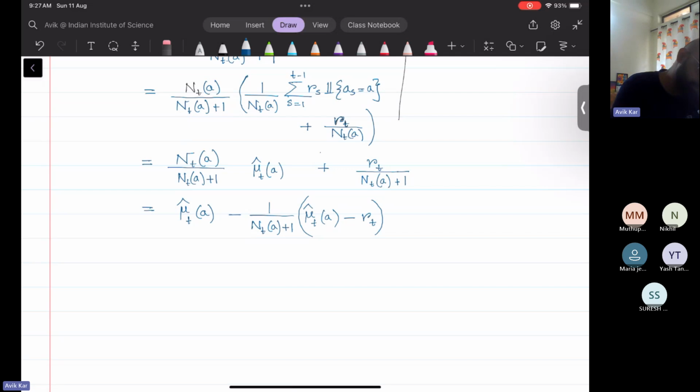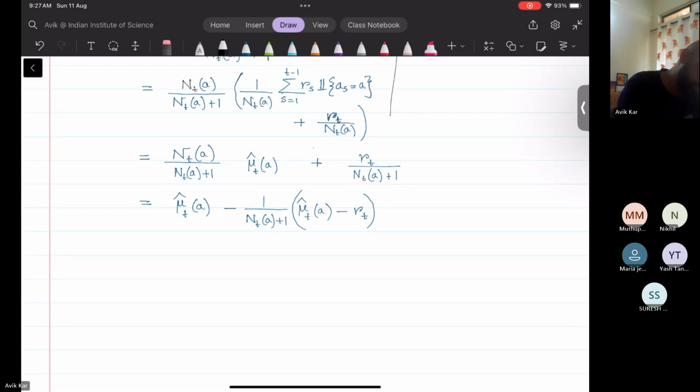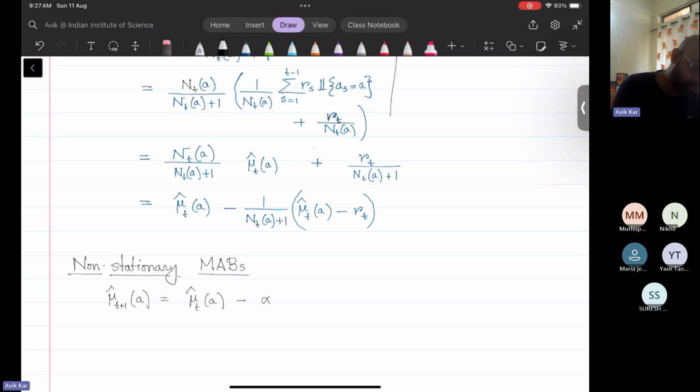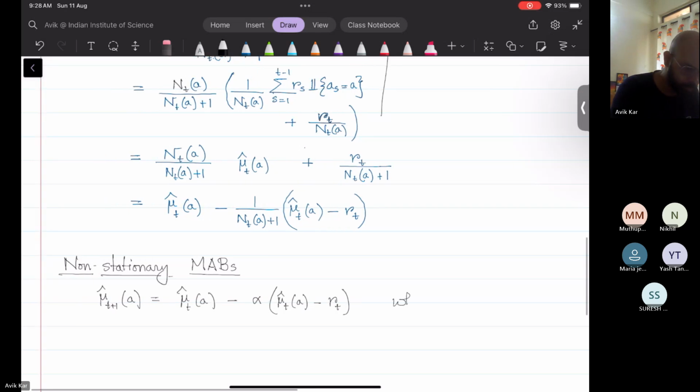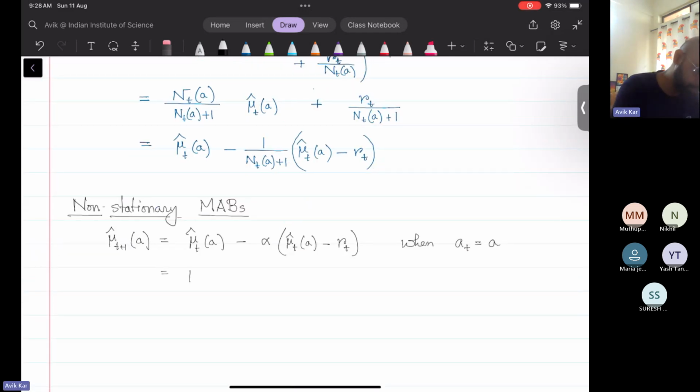So you update mu hat t plus 1 of a as mu hat t of a minus alpha times the error, when At equals a, and you don't update if not.